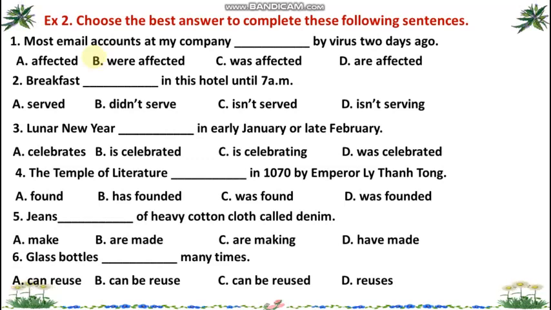We choose B. Most email accounts at my company were affected by a virus 2 days ago. Number 2, be careful with until. And breakfast here is the passive subject. So we say breakfast isn't served in the hotel until 7 a.m.